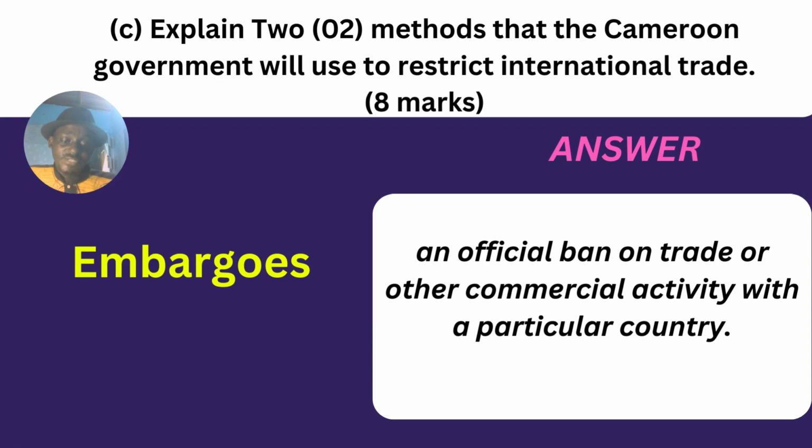So the government of Cameroon can choose a country and place an embargo on their products, a complete ban of the products, so that maybe the goods have a problem, maybe the government have a different policy, or maybe there's a strike, maybe something may cause embargoes to come in place. So that is one of the answers for this one.